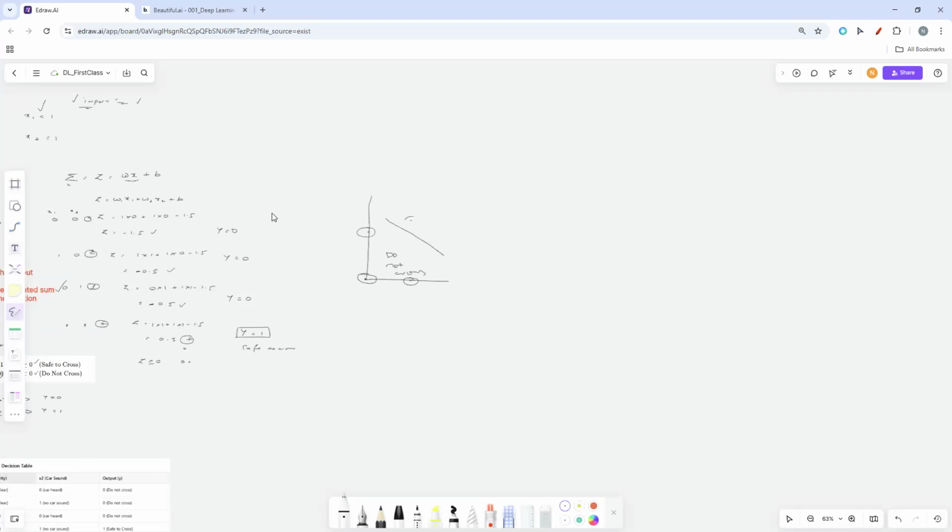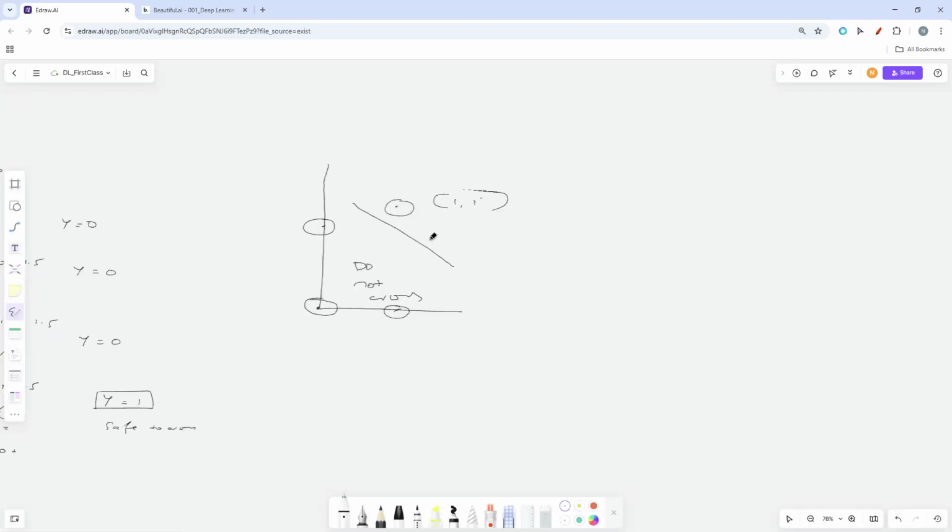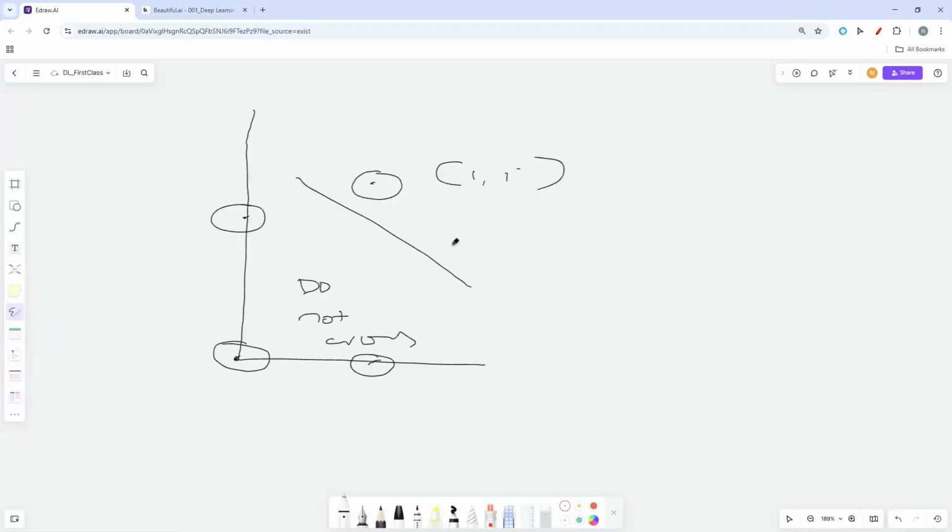If I plot it on the graph, if you're not able to see it clearly, this is 1 comma 0, this is 0 comma 0, and this is 0 comma 1. So these are the points, right? These are nothing but your inputs, and if you plot them on the graph, this is how it comes, right?